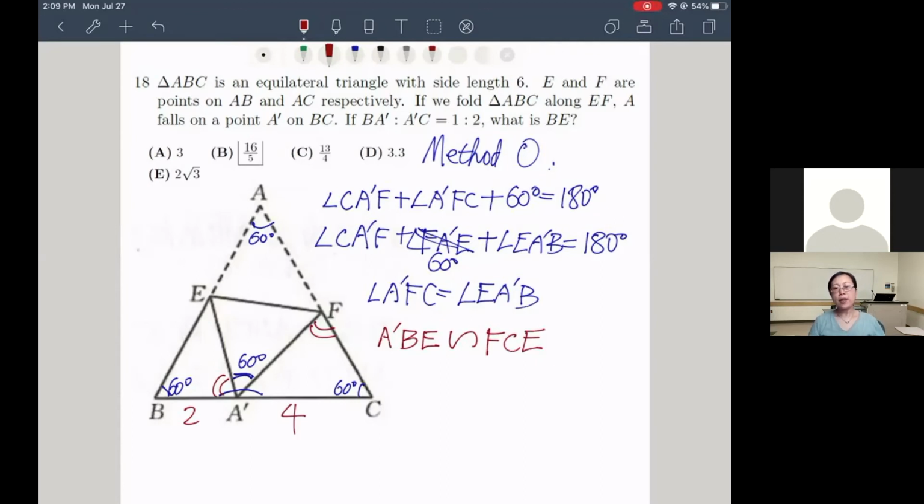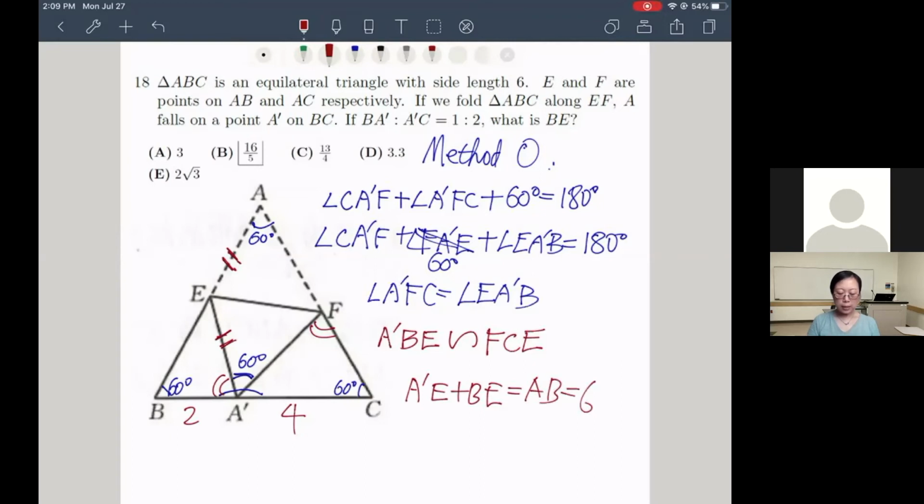Is there another way that you can find out the ratio of the triangles? How about perimeters? Can you find their perimeters? We notice that AE and A prime E are the same, right? Which means that A prime E plus BE equals AB, which is 6.